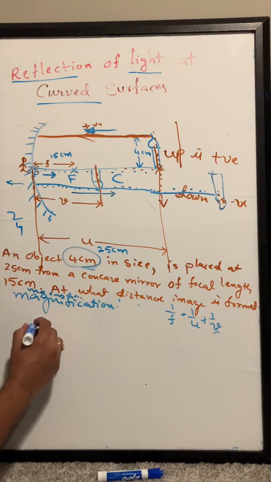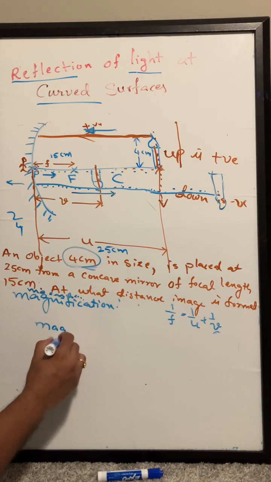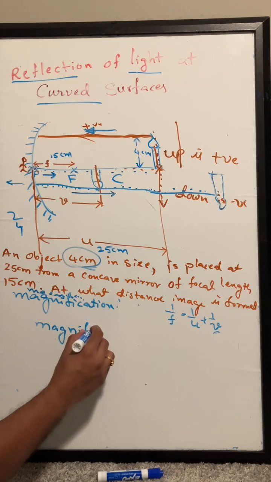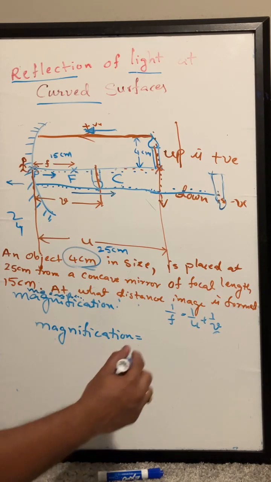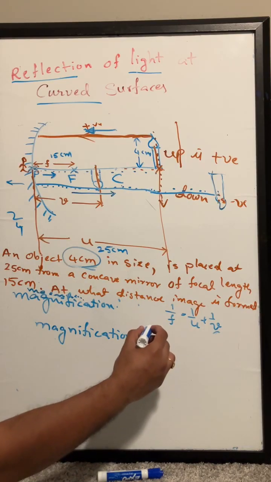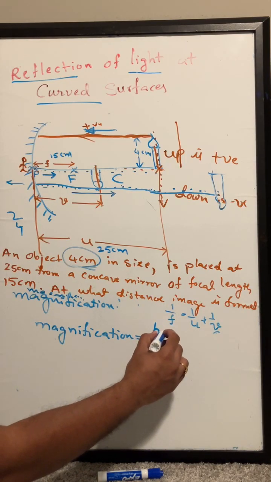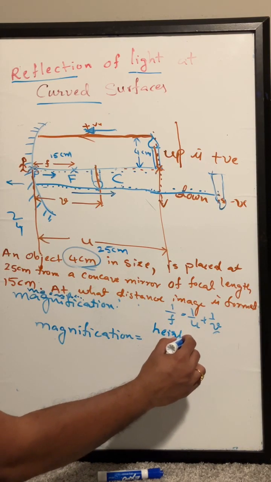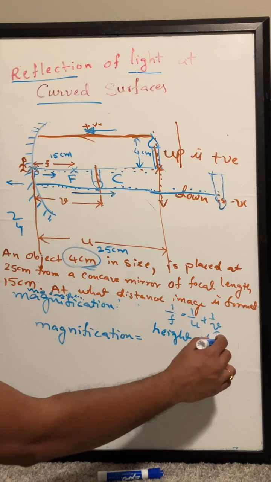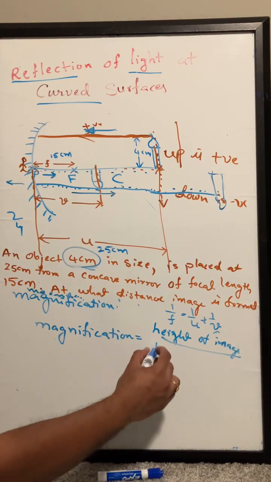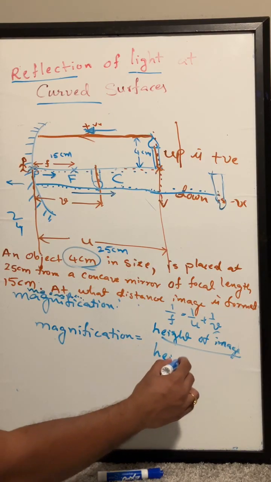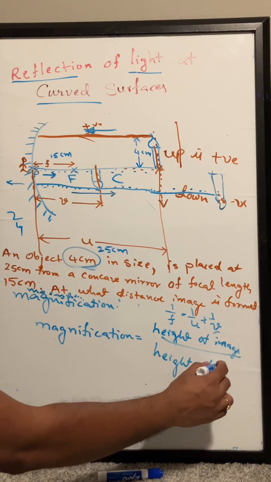So how do we measure magnification? Magnification equal to height of image divided by height of object.